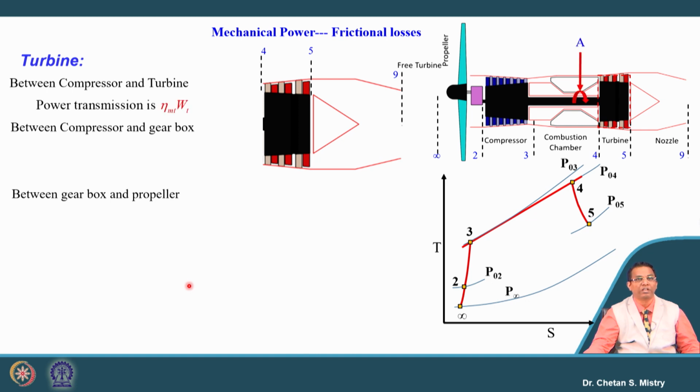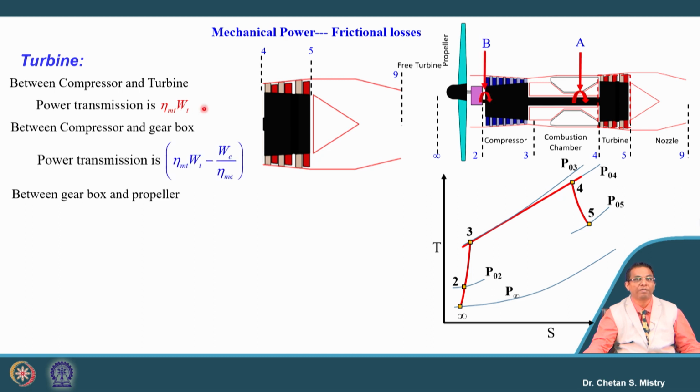So just look here. Suppose I consider this is the station where I have the turbine and the compressor, connected with a common shaft. The power transmission we can represent in terms of the mechanical efficiency of the turbine into the work done by the turbine, that is what we are supplying to our compressor.